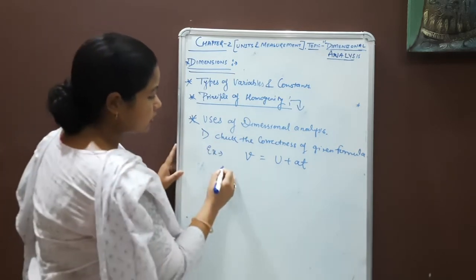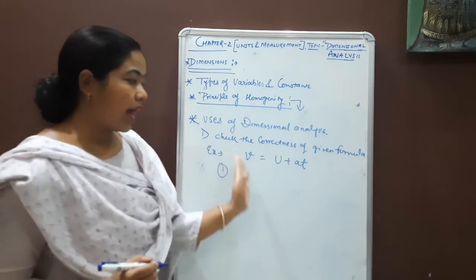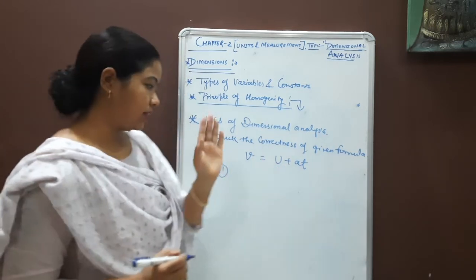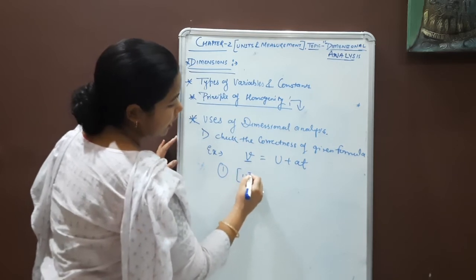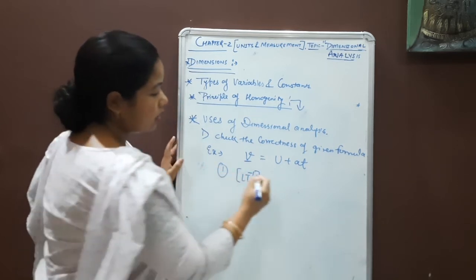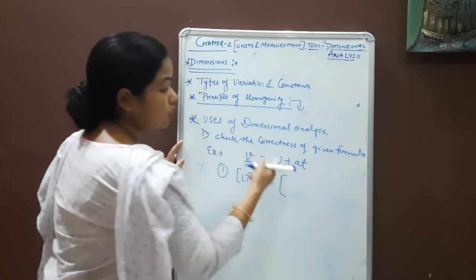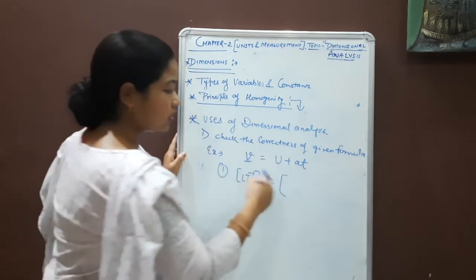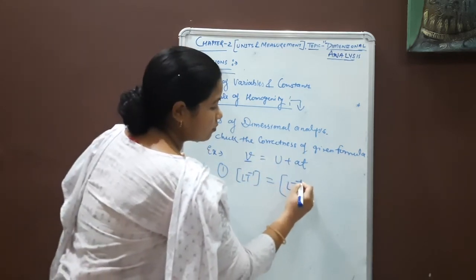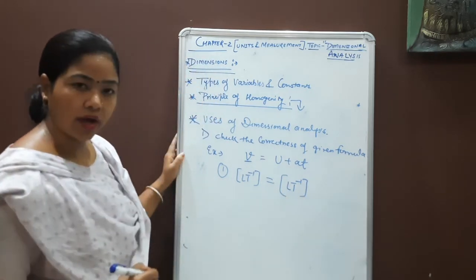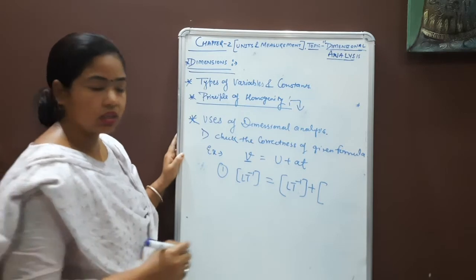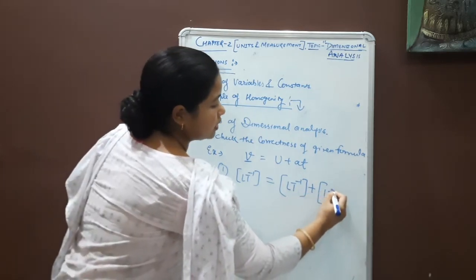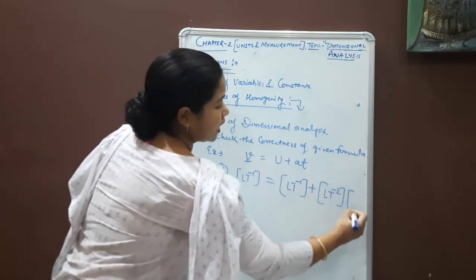Very first step, we write down the dimensions of both sides. V is a type of velocity, so for velocity we have LT minus 1. Now, U is a type of velocity, so for it we still have the dimension LT minus 1. Plus A is defined as acceleration. For acceleration we have LT minus 2, and for time we have T.